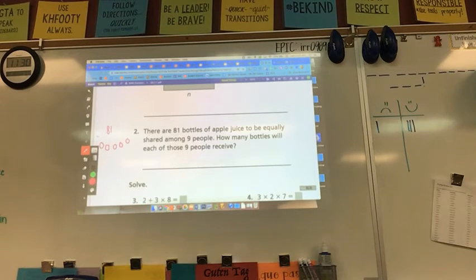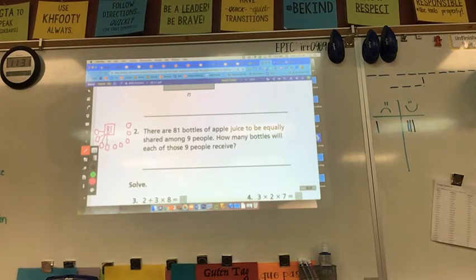Do you have to do a picture? No. What if you tend to make silly mistakes on word problems? Then I would, right? Right now I'm showing equal shares because the problem tells me those 81 bottles are equally shared among 9 people. How many bottles will each of those 9 people receive?